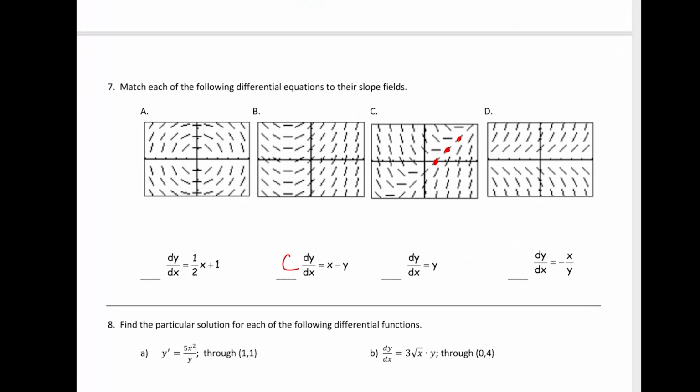Okay, so let's look at some of these other ones that are maybe not so obvious. What catches my eye on B is, you just want to look for some patterns, plug in some points. And I think between those two strategies, you can figure out most of these. So here we see that when x is 2, the slope is 0.